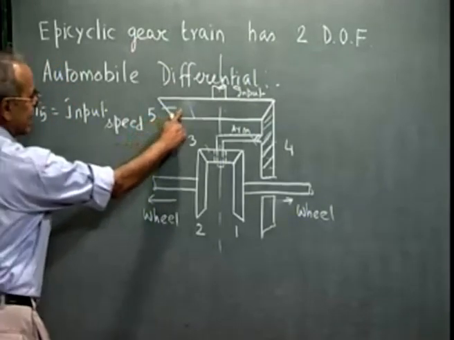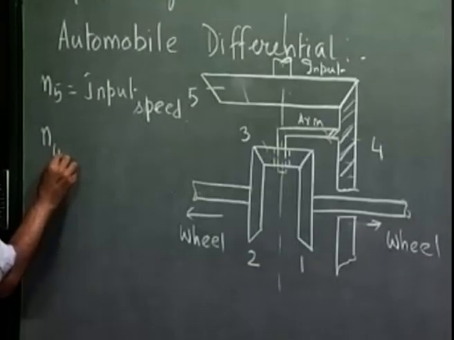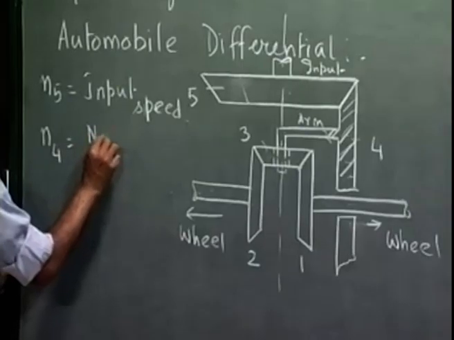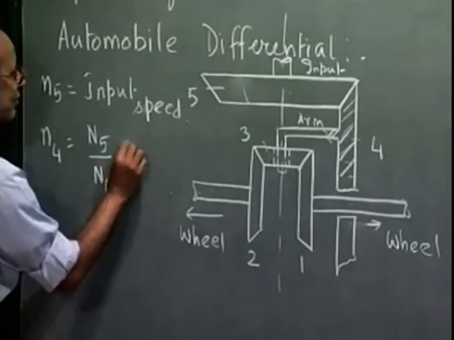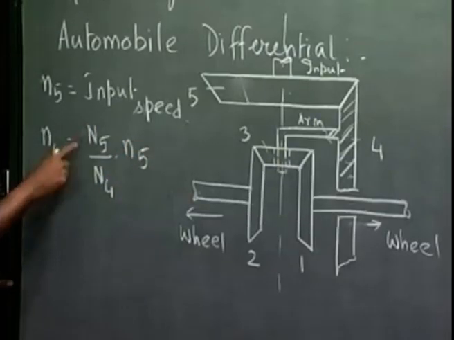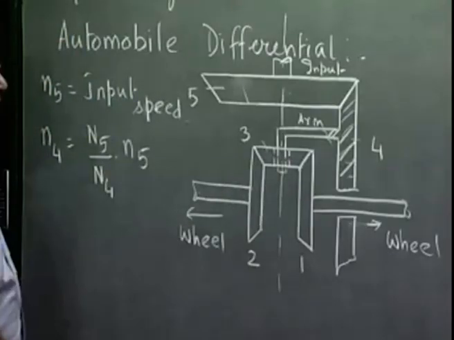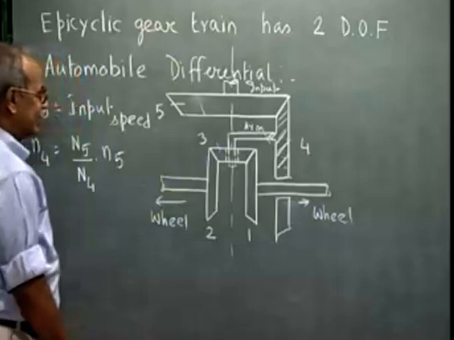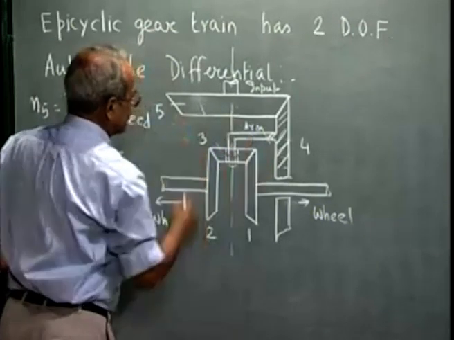This N5 decides the rotation of 4, so N4 we can find will be N5 times T5 by T4, where T5 and T4 are the number of teeth on these two gears. So depending on the direction of this rotation, we can find the direction of rotation of 4. And 4 is nothing but the arm.